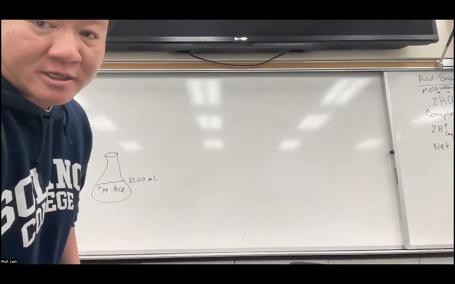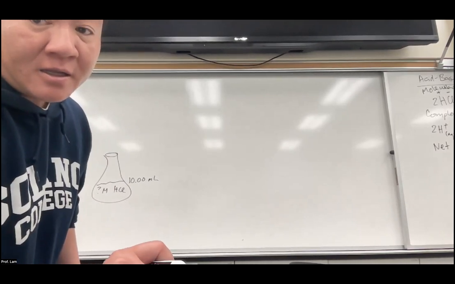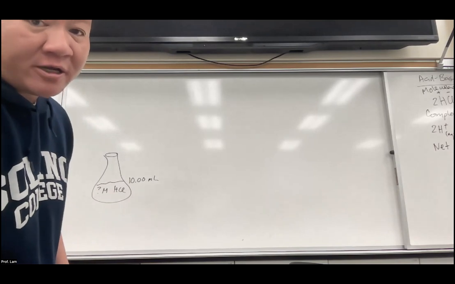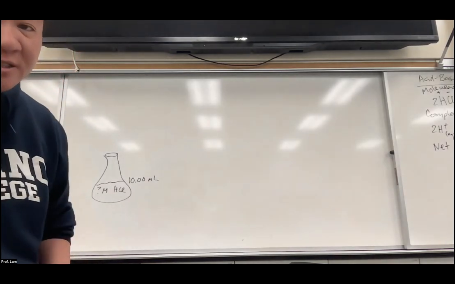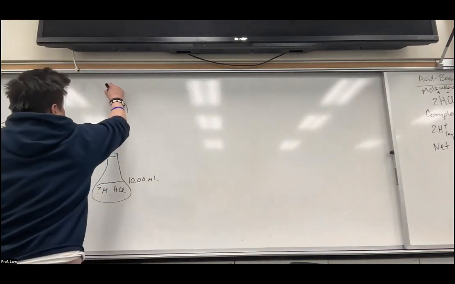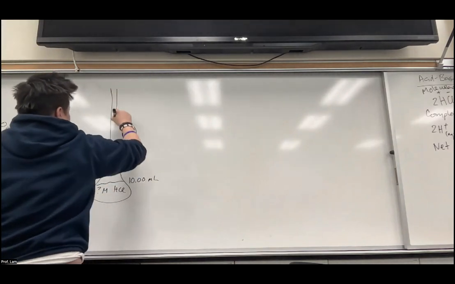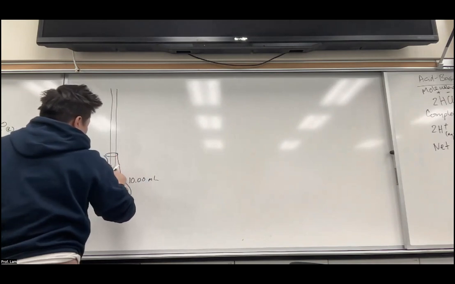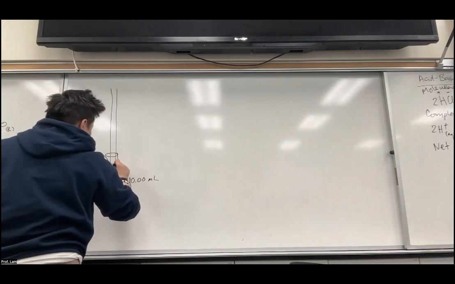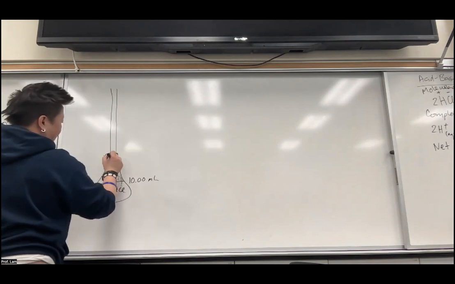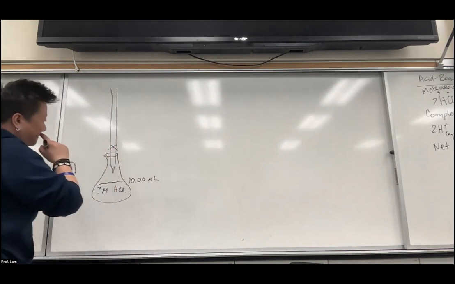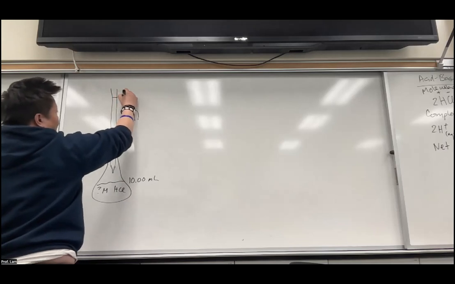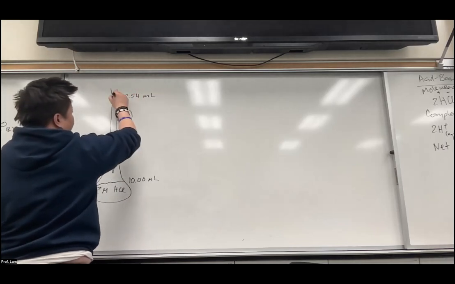Okay, and then it also says the base solution requires 12.54 milliliters of a 0.1 molar NaOH solution. So we know the molarity of NaOH, right? It says 0.1 molar. And it's going to be in this burette, with the stopcock. So we're going to use 12.54 milliliters, let's say.